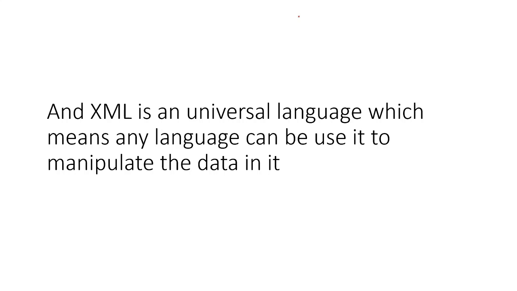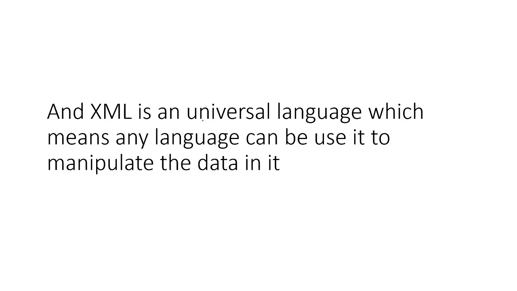XML is a universal language, which means any language can be used to manipulate the data in it. In C also we can get the data from XML, and in JavaScript, PHP, Python.